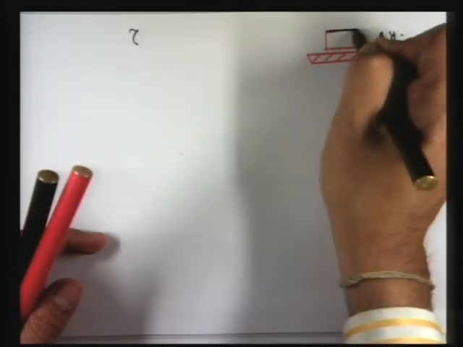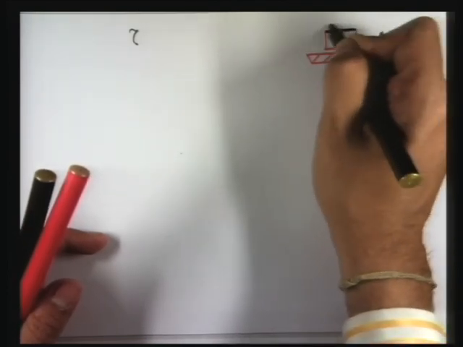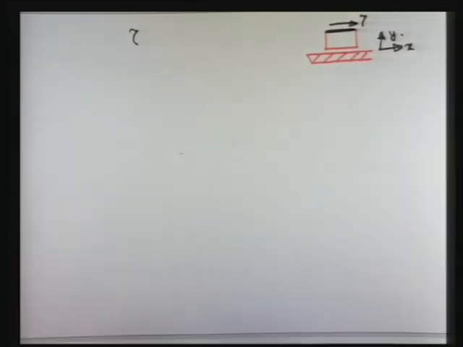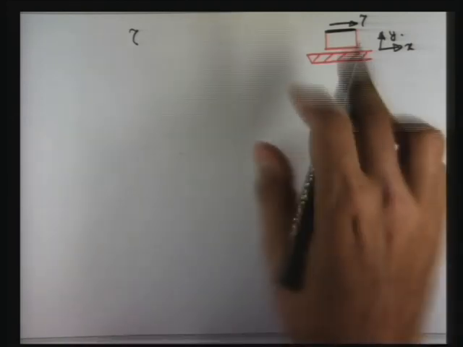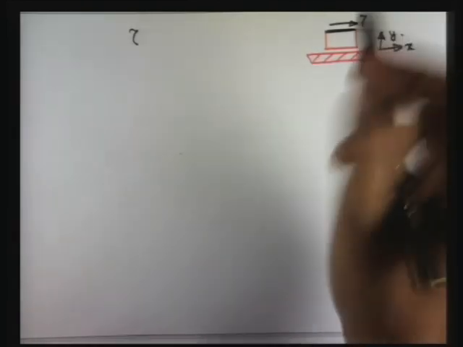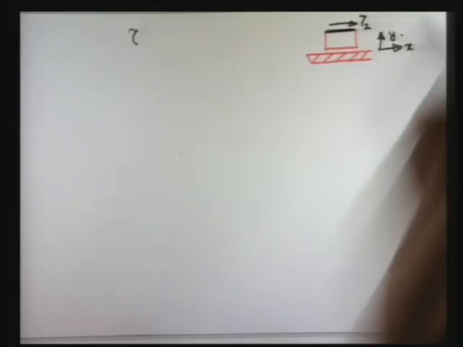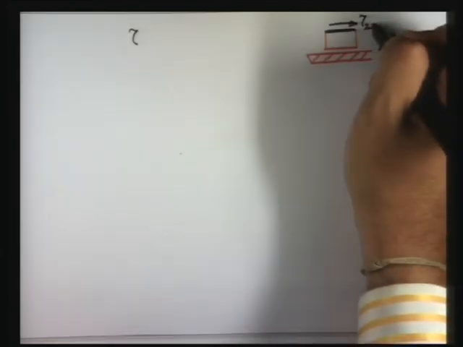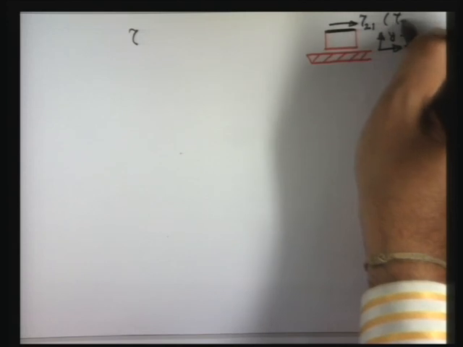If we are interested to represent the shear stress on this, what will be the indices? What is the first index? What is the direction normal to this? The direction normal to this is y. So tau 2, and the direction of action of this is x or 1. So tau 2 1 or tau yx.